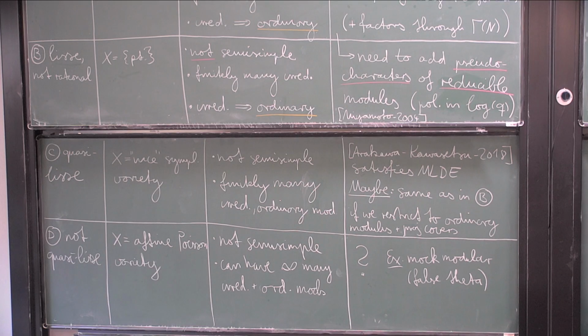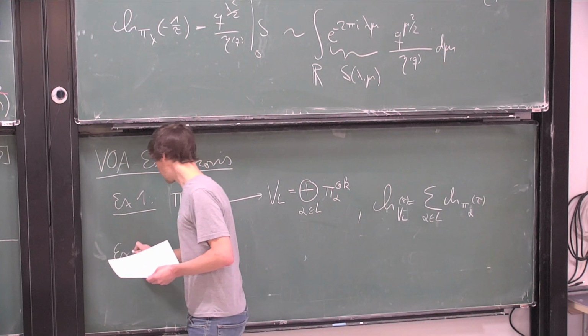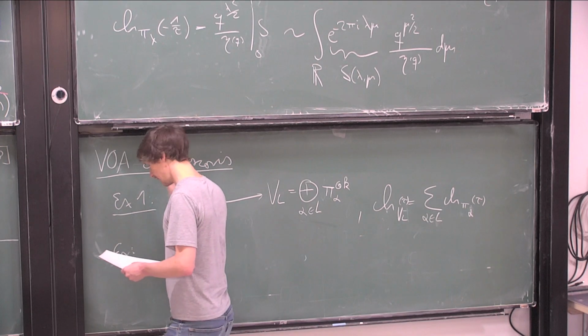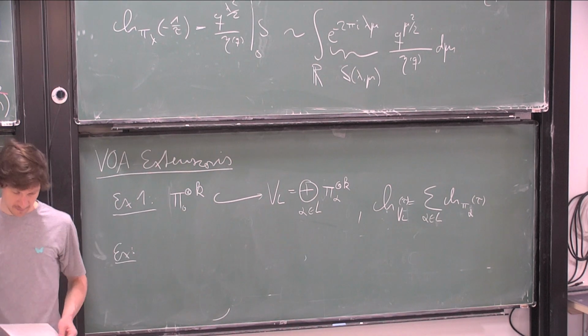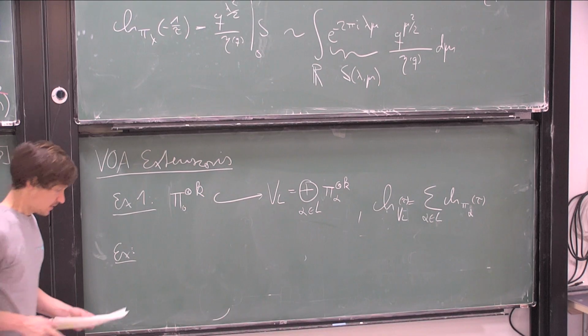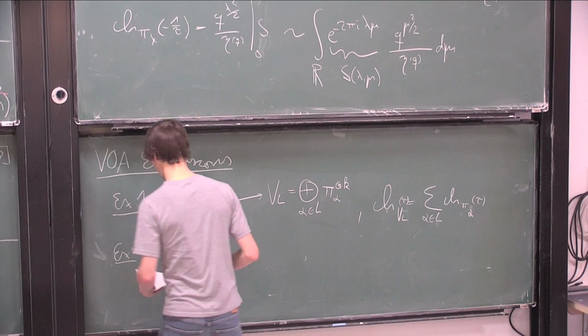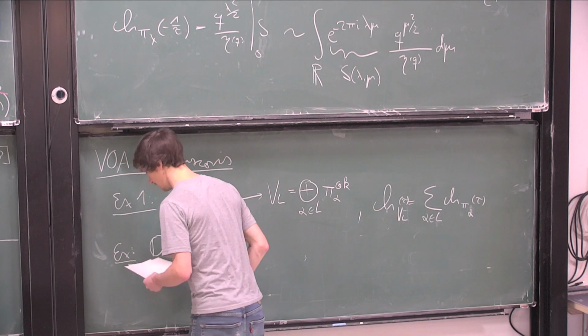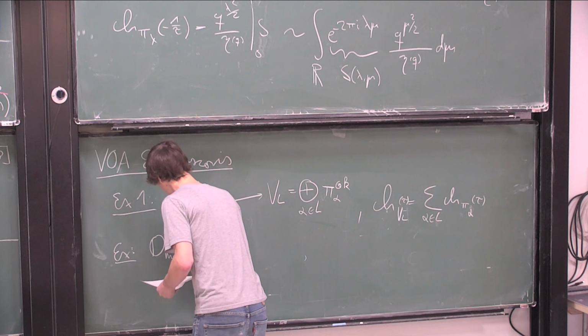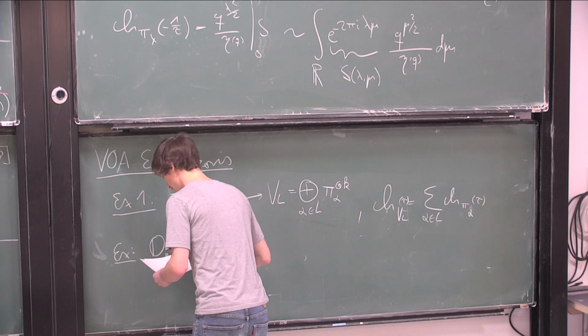And I just want to end with a second example that's related to the symplectic singularity business. I'm just going to sketch it. It's a different symplectic singularity. We take the minimal nilpotent orbit closure of SL_n.